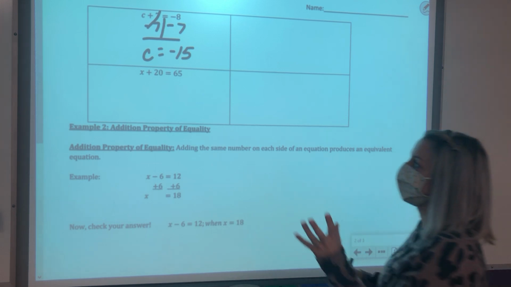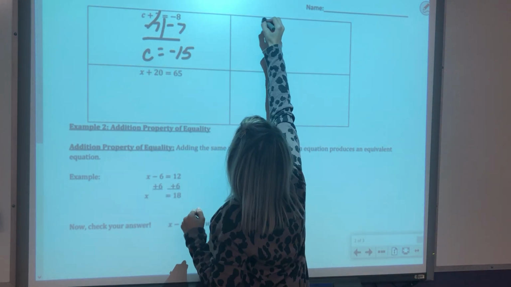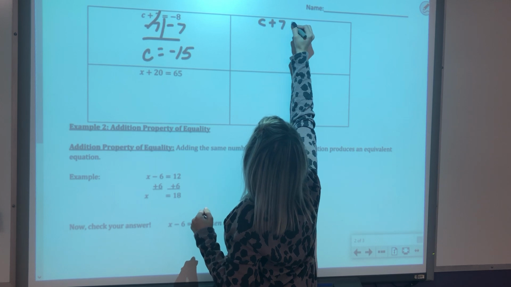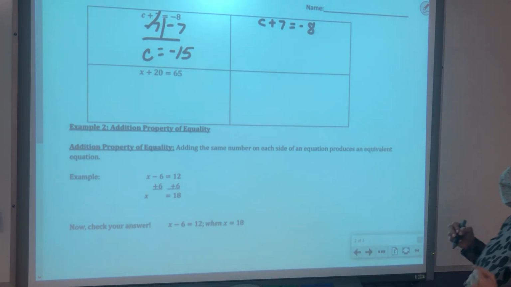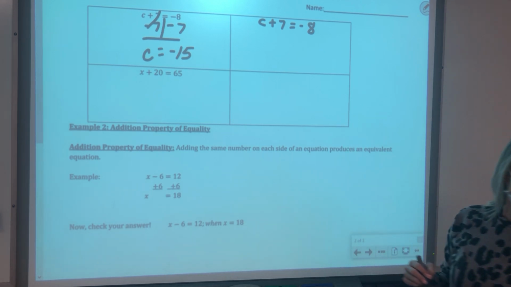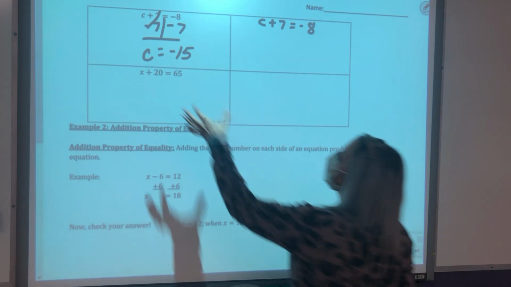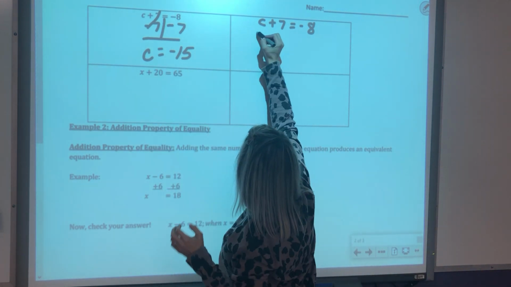Okay. So again, checking my answer. Rewrite my original. Replace c with negative 15. Yep, plug in my value of c.